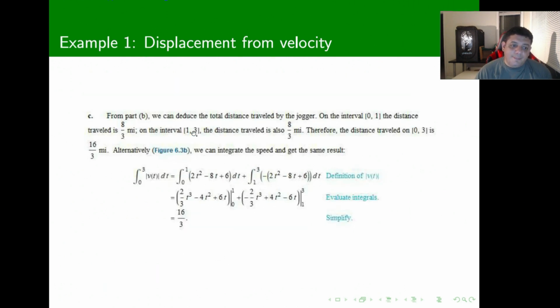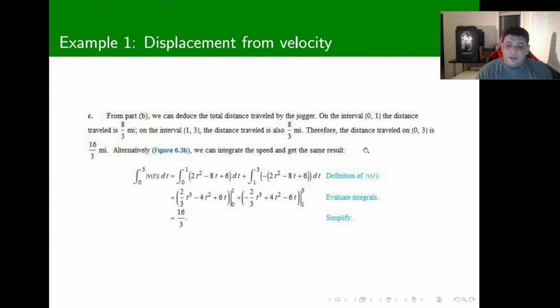Now from this, we can deduce that the total distance traveled by the jogger is just going to be twice 8 over 3, since we have 8 over 3 on the interval 0 to 1, and we also have 8 over 3 on the interval 1 to 3. So the distance traveled in total is going to be 16 over 3.